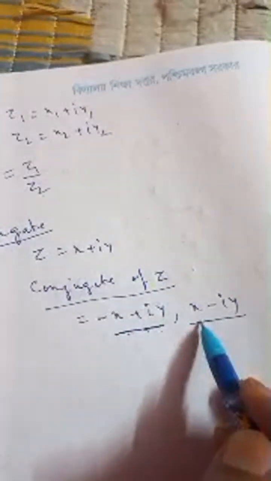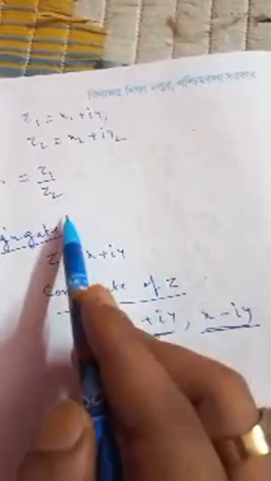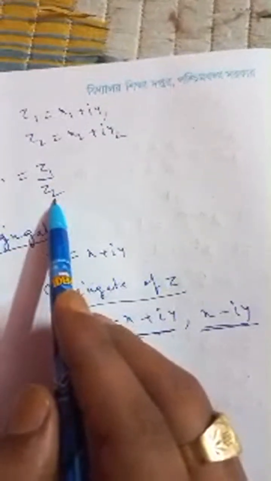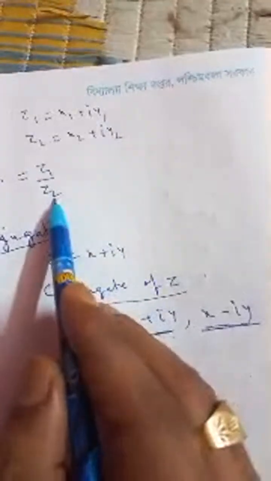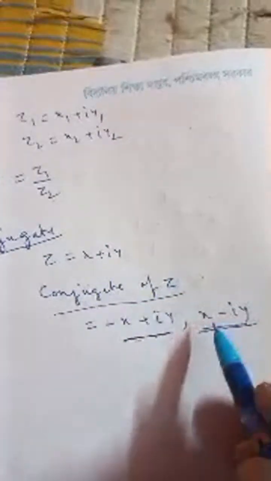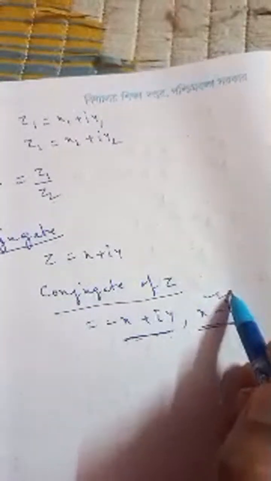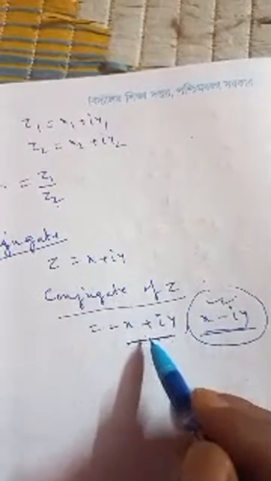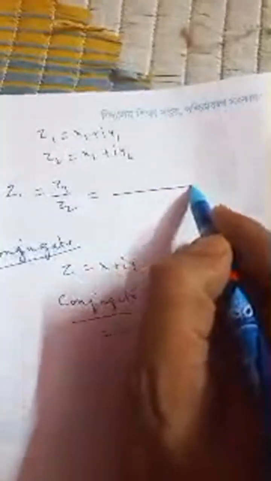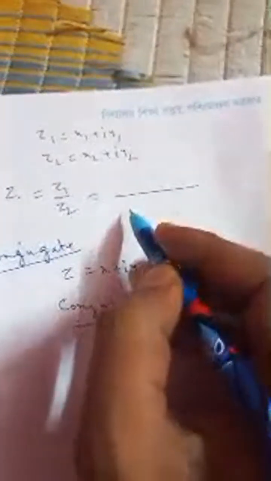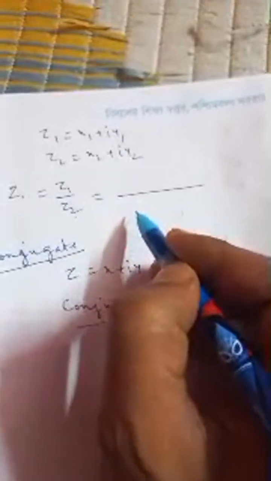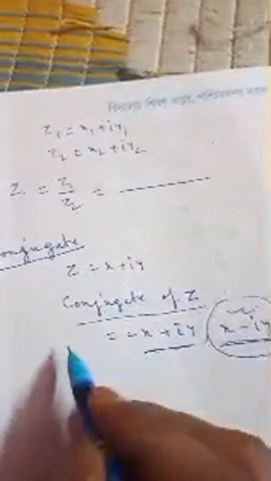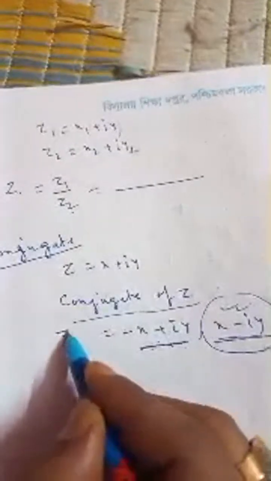Both these complex numbers can make the denominator part real, from imaginary to real, but we will take this as the conjugate of the complex number. We will not take this. So for division, we need the conjugate of the complex number, denoted as z bar.